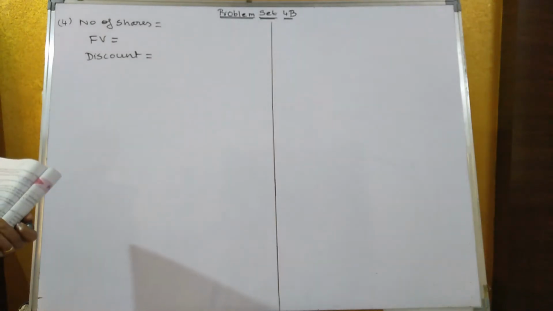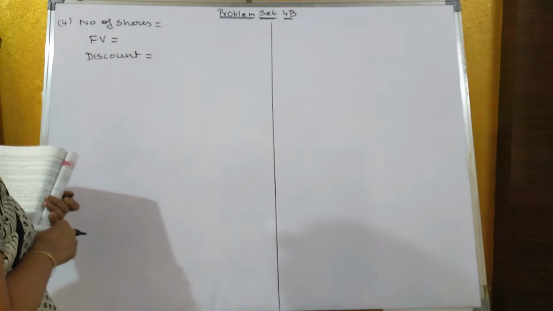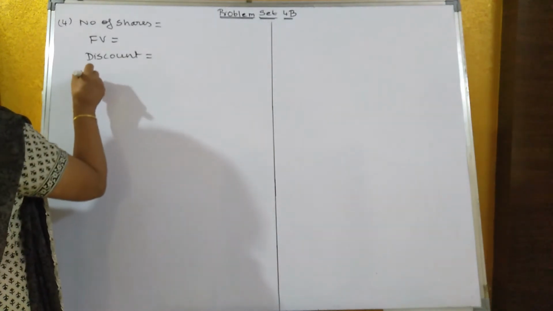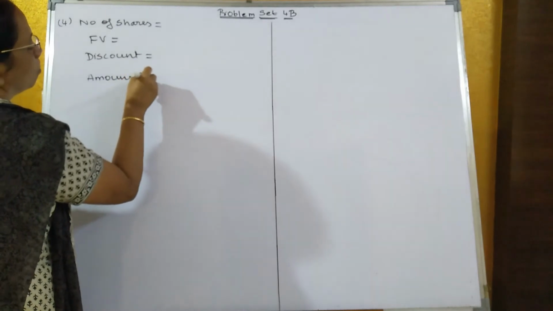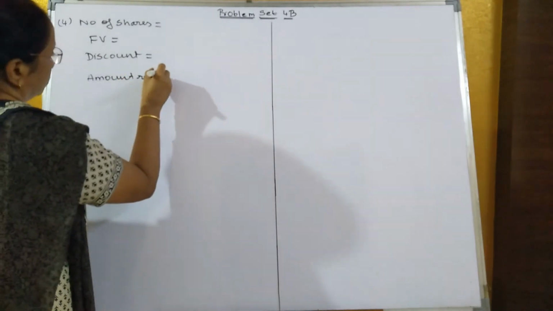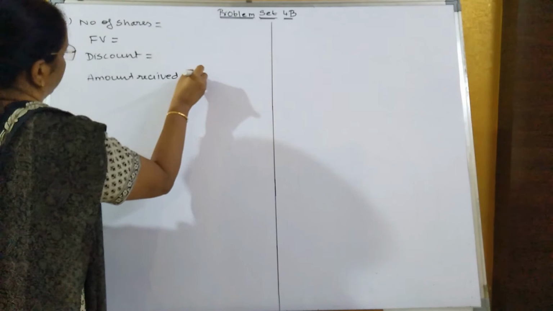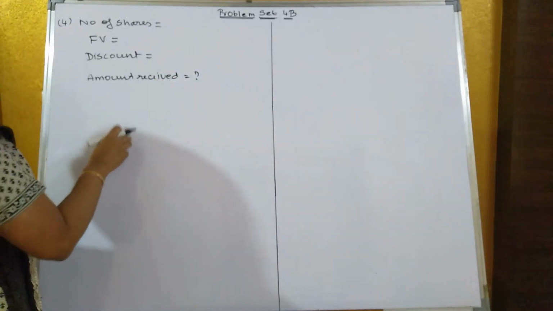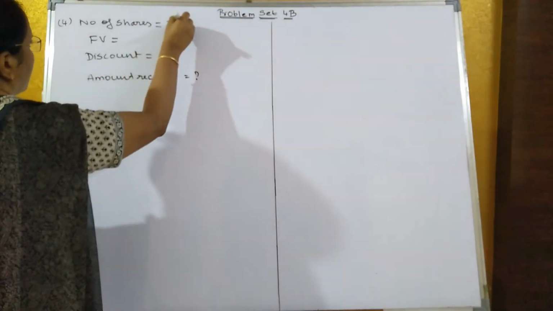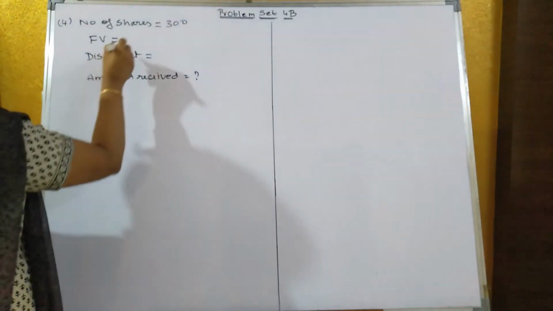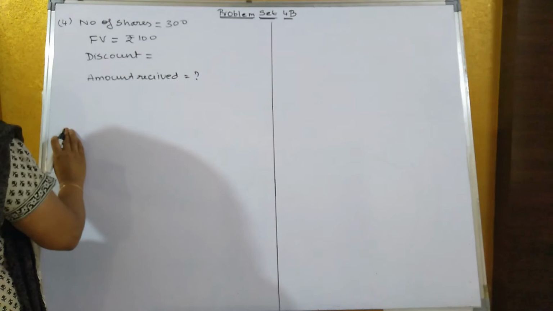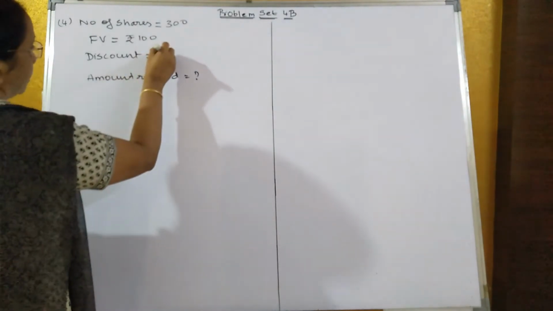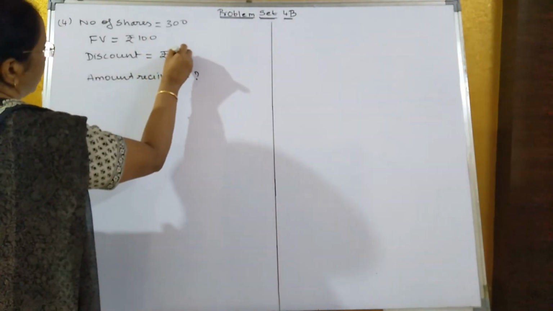Now sum number 4, find the amount received. Number of shares is 300. Face value is rupees 100 and discount is rupees 30. Now market value is not given.